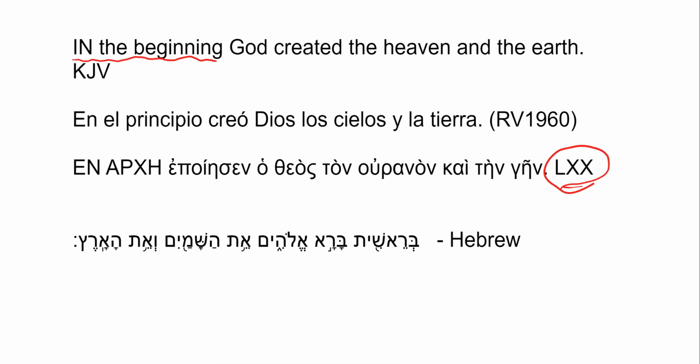So in the beginning, in Spanish, we would say en el principio. And notice there's only two words for that in Greek, en arche. And if you look, regardless of the manuscript in the New Testament, John 1:1, en arche en ho logos, in the beginning was the Word, and the Word was with God, the same beginning two words. In Hebrew, it's technically only one word, unless you count this bih right here.